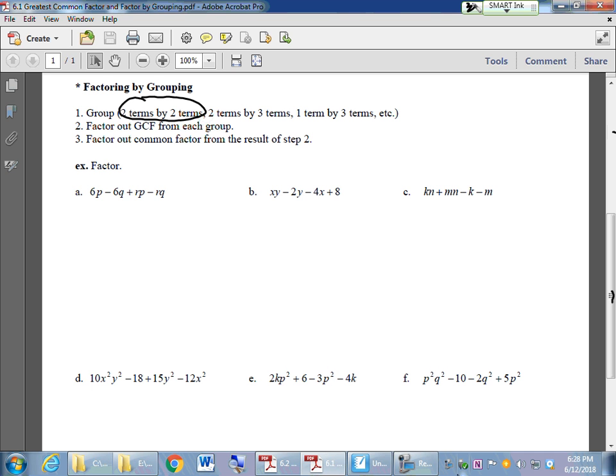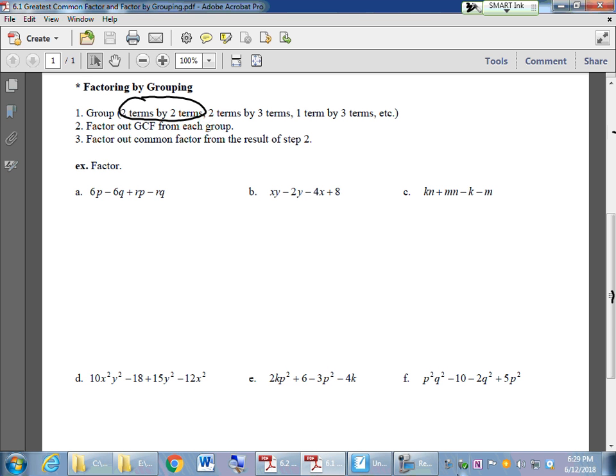So the first step is you will group two terms by two terms, and then in each group you will factor out the greatest common factor. If you group it correctly and factor out the greatest common factor correctly from each group, then we will be able to get a common factor that can be continued factoring.